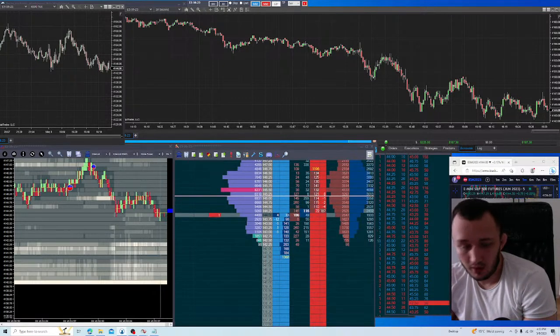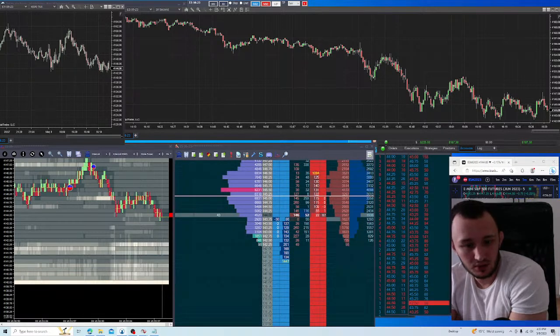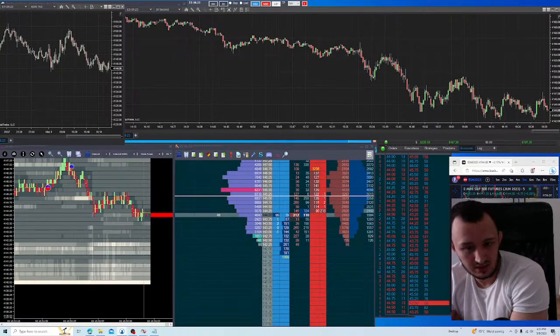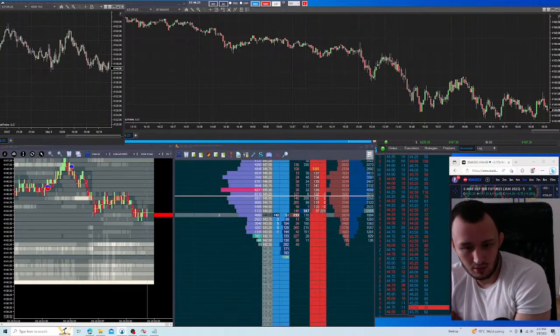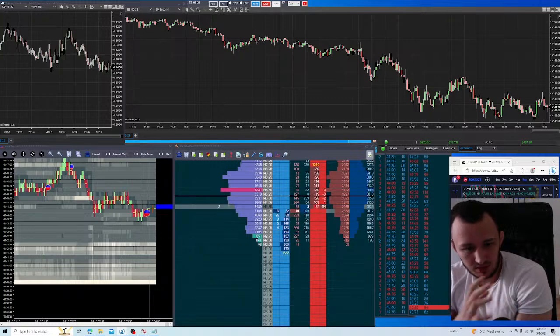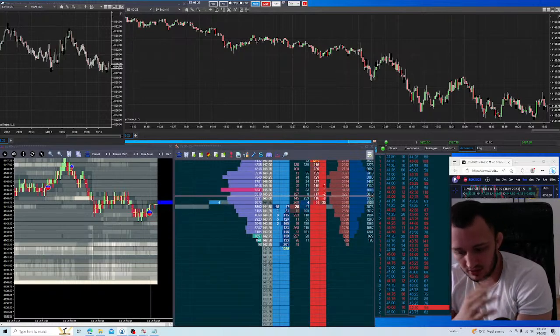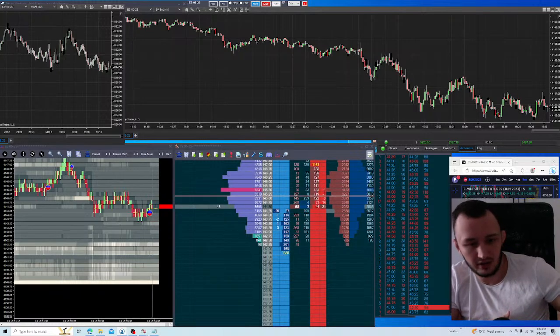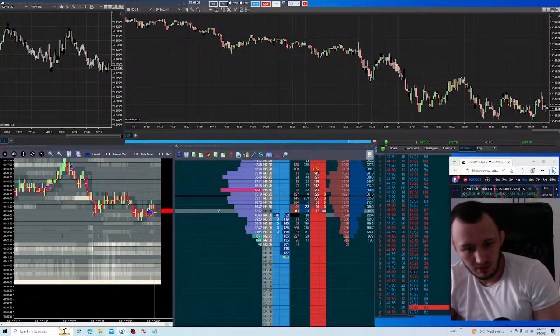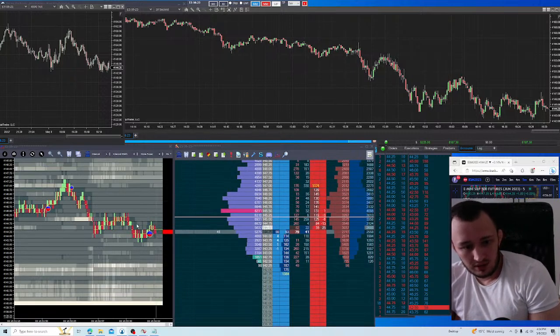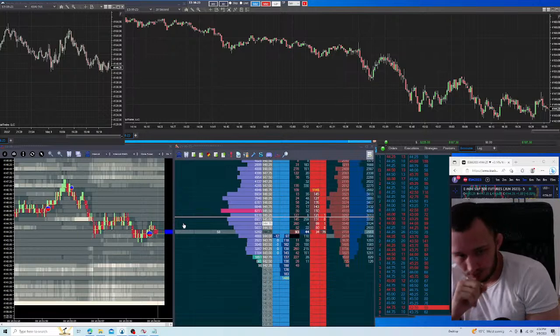Okay, yeah, thanks. I'll definitely look into enabling auction vista with the imbalances. But I wanna do it on Sim first, because if I just start doing it in a live session, I could get distracted too much by the auction vista.